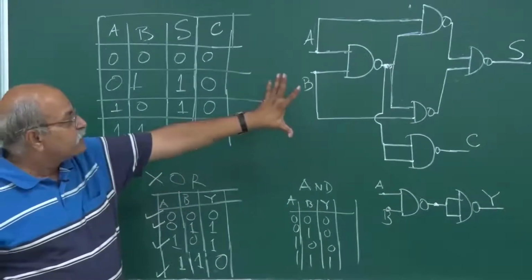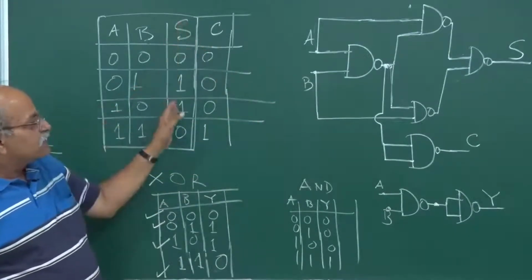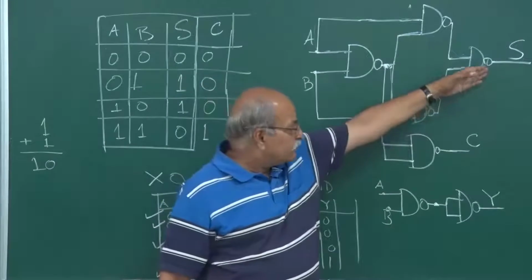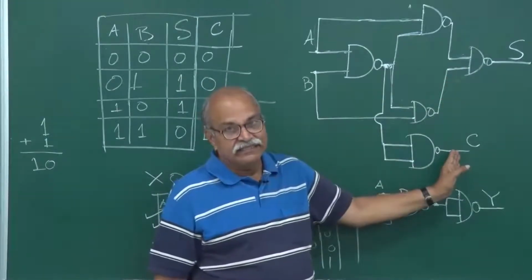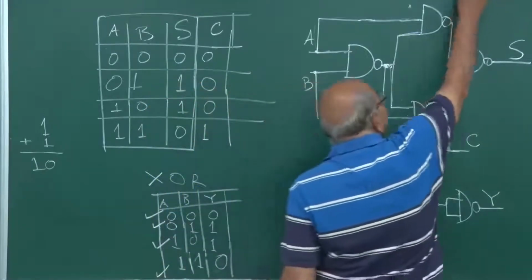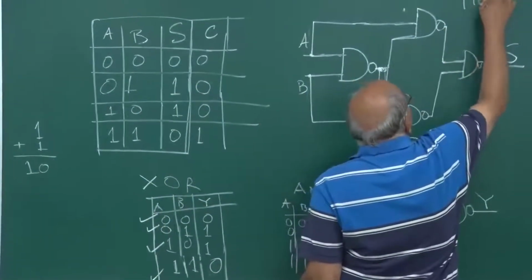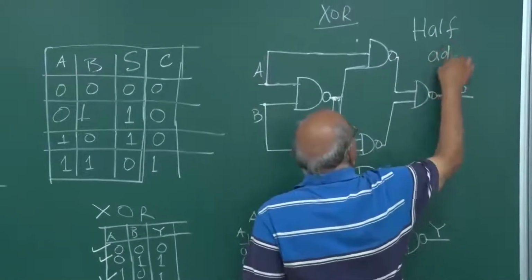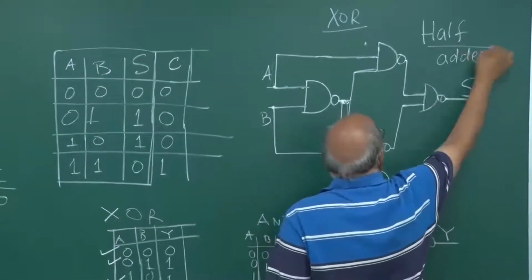So, this circuit will give me both S and C. From here I can get S, from here I can get C. Now, this circuit is known as half adder circuit. Half adder circuit. Why it is half adder circuit?